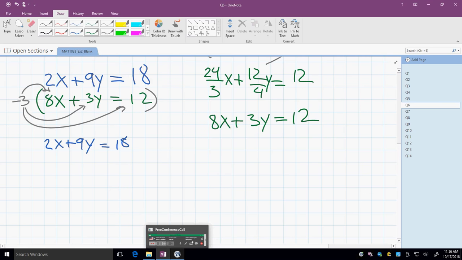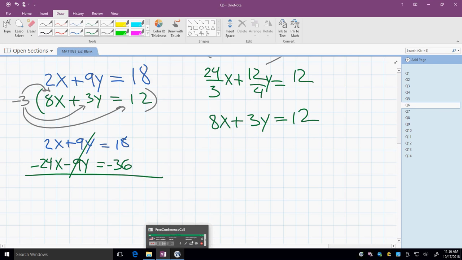Negative 3 times 8 is negative 24x. Negative 3 times 3 is negative 9y. Negative 3 times 12 is negative 36. The whole idea was to cancel y, and that happened, so we're good.